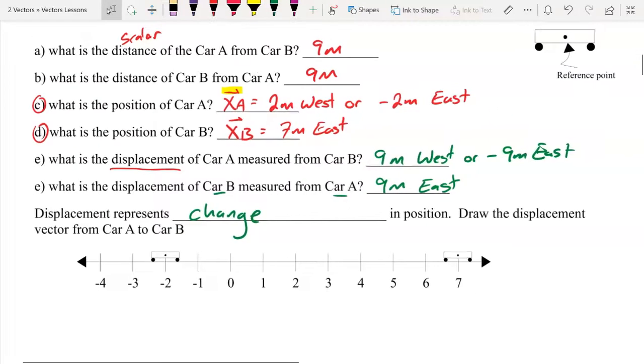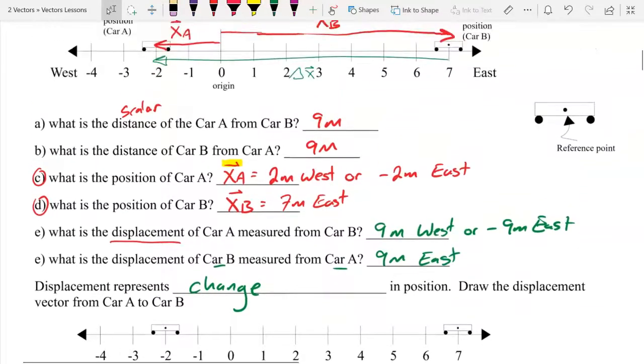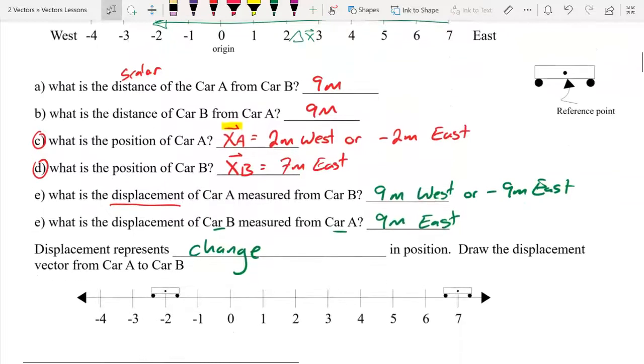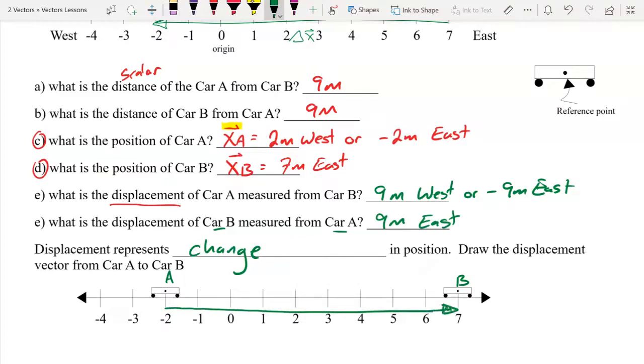Okay, so once again, if you want to travel from car A to car B, here's A, here's car B, you must travel in this direction, 9 meters, okay? And more on this displacement thing in the next lesson on vectors. There's the change in position.